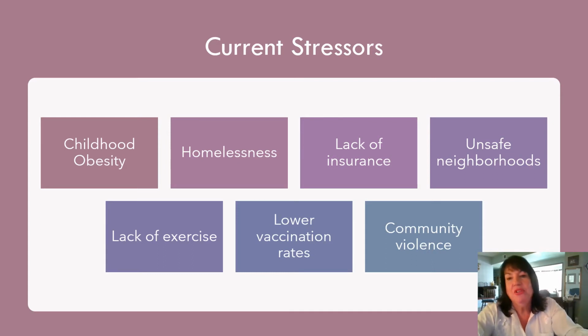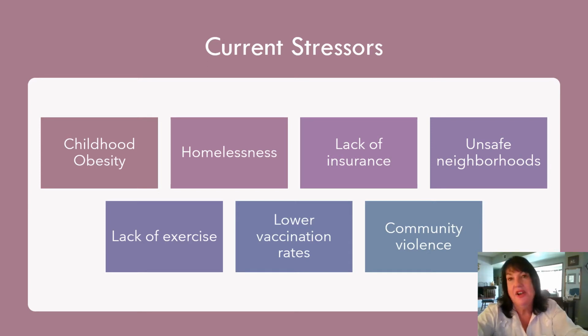What are some of the current things that pediatric nurses are having to deal with and that we would be concerned about in our country? One actually is childhood obesity. This is much more of a problem than it was in the past. And as you know, when we were studying diabetes earlier in the school year, we have quite a problem today with diabetes type 2.